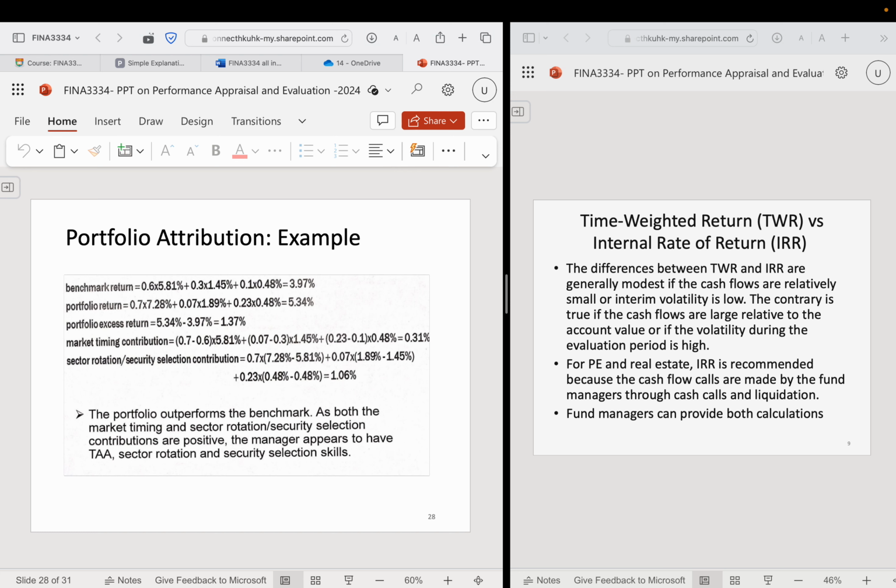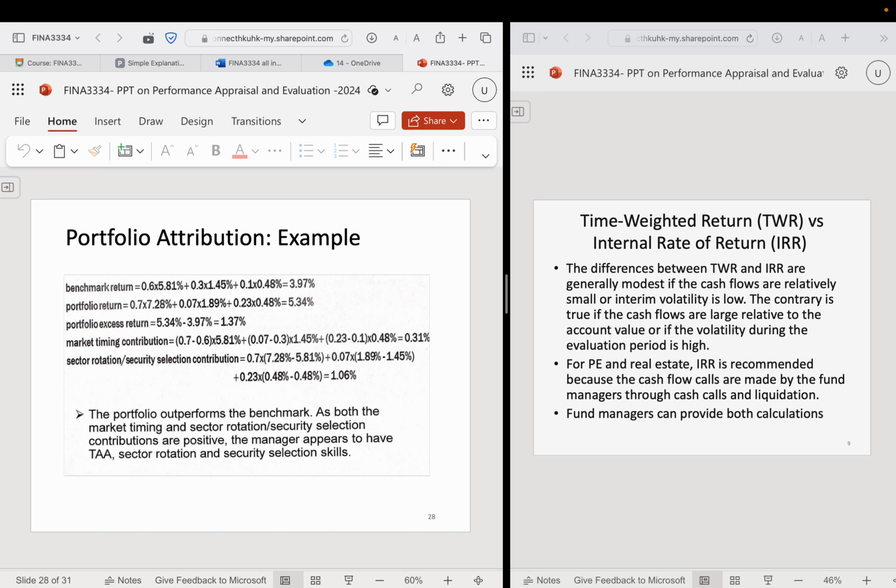Because I have a different weighting times the market return, I got 0.31%. And then the security selection, because my performance is better than the benchmark performance on my weighting method.